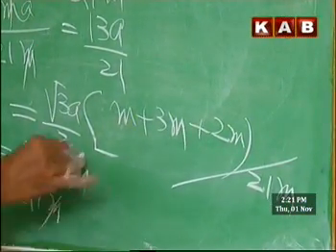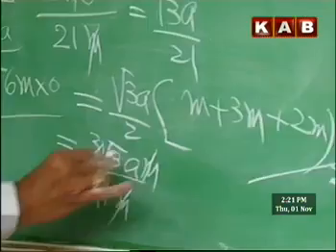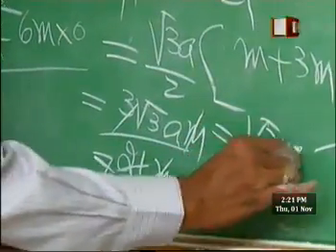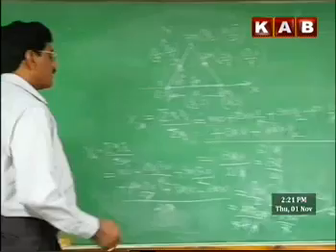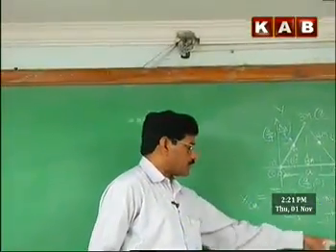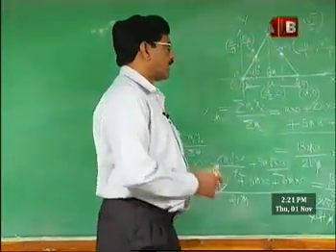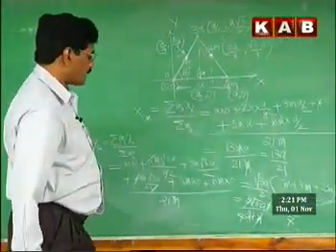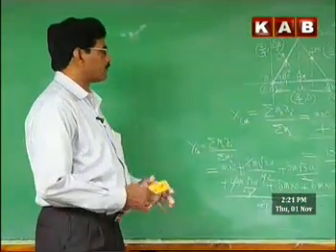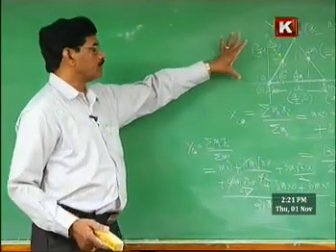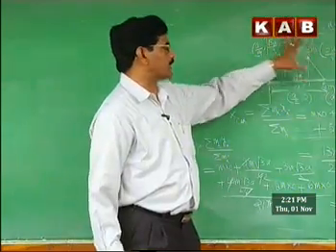The m gets cancelled, and 7 root 3a by 7 is the y coordinate. So the x coordinate of the center of mass is 13a by 21, and the y coordinate of the center of mass is root 3a by 7. That's how we calculate the center of mass for a discrete system.